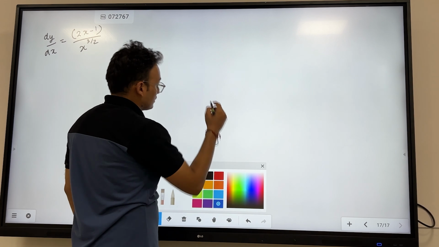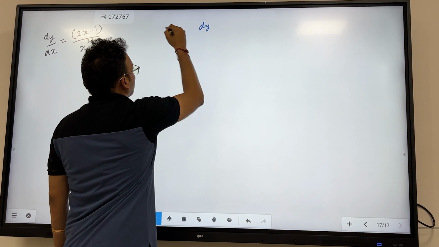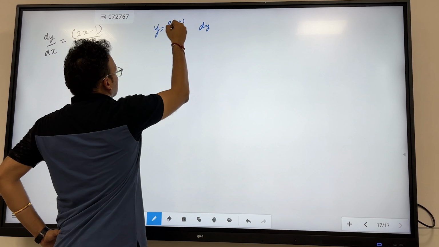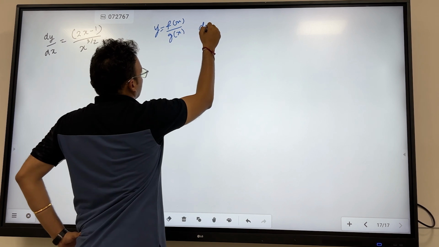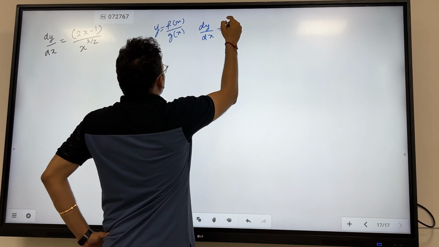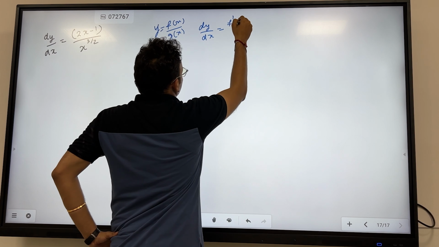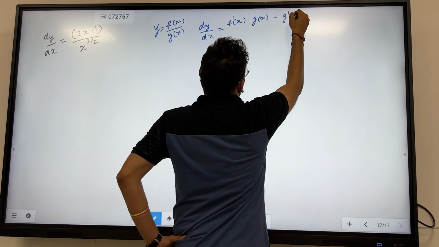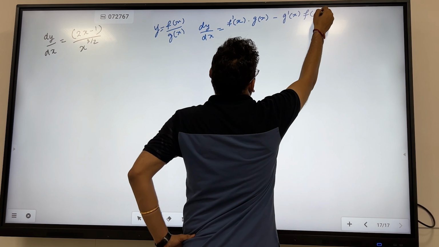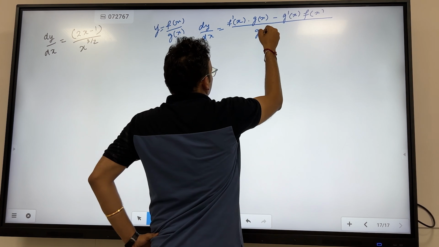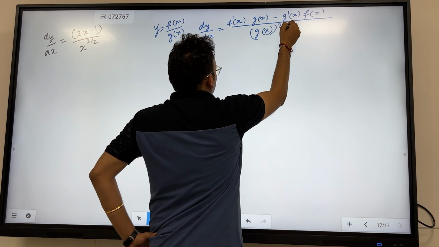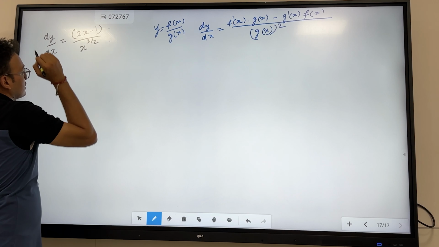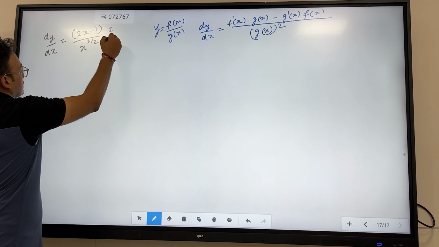The quotient rule was: if y is equal to f(x) divided by g(x), then dy over dx is the second function times the differentiation of the first function minus the first function times the differentiation of the second function, divided by the denominator squared, right? So this is our first function, this is our second function.